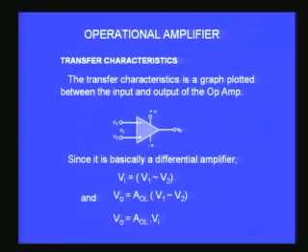What we mean by that is, if I have an input and an output, what will be the graph between the input and the output. So, the transfer characteristic is a graph plotted between the input and the output of the op amp. Since it is a differential amplifier, Vi is equal to V1 minus V2, the difference of the two, and V output is AOL, the open loop gain, multiplied by the difference.